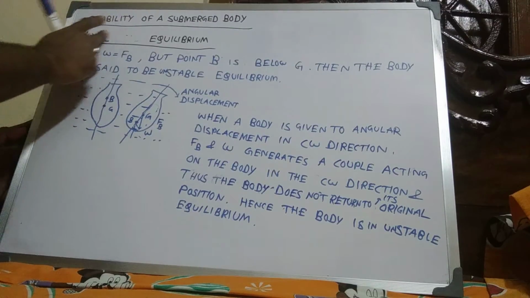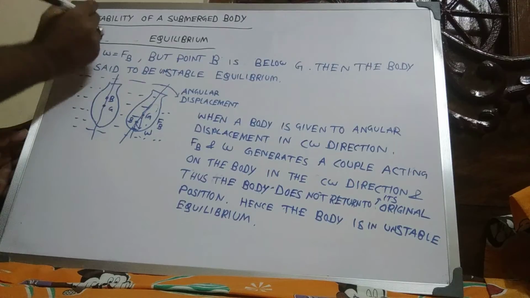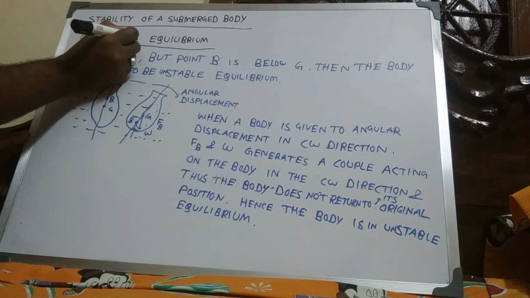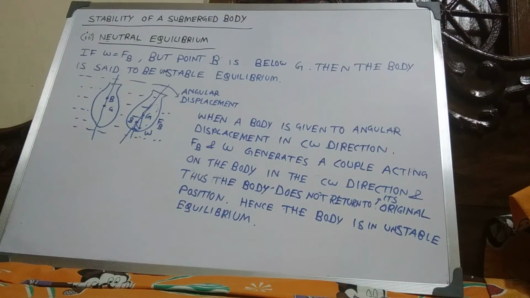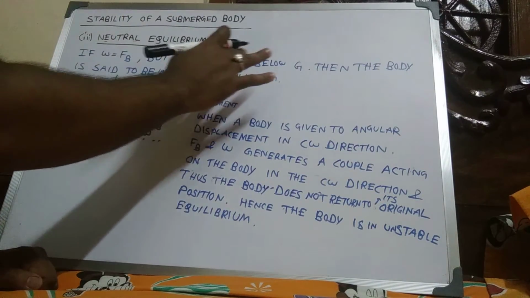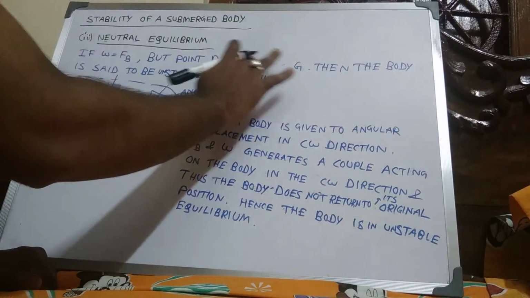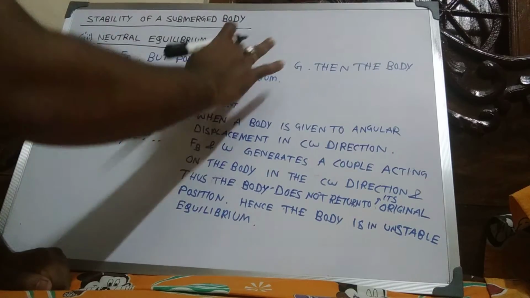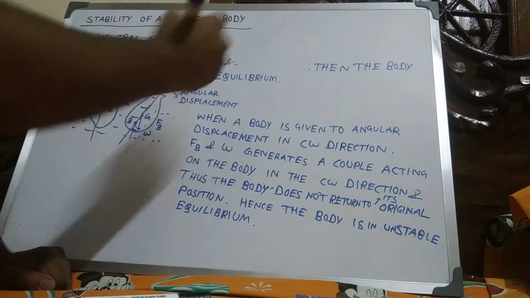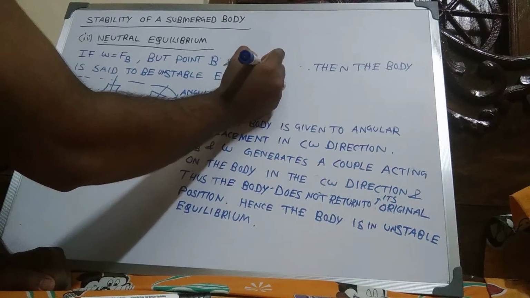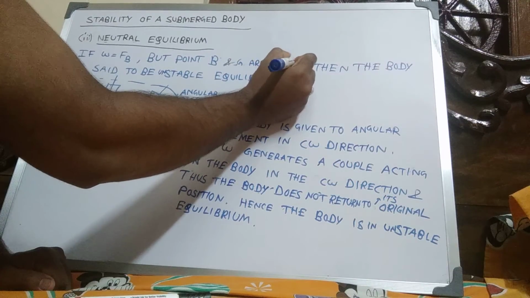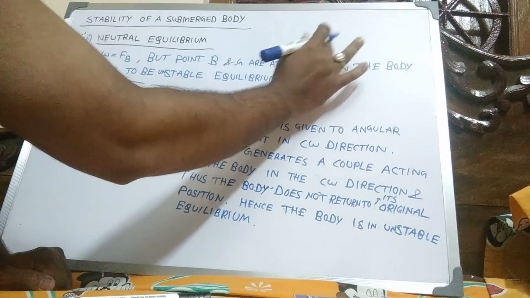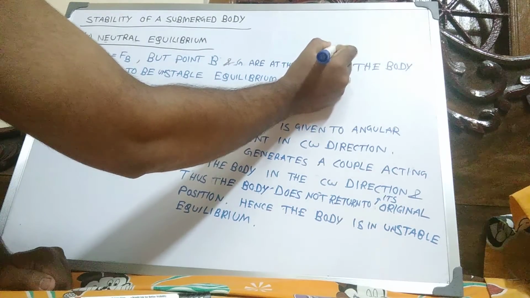Next point is neutral equilibrium. B and G are at the same point, or coincide at the same point.